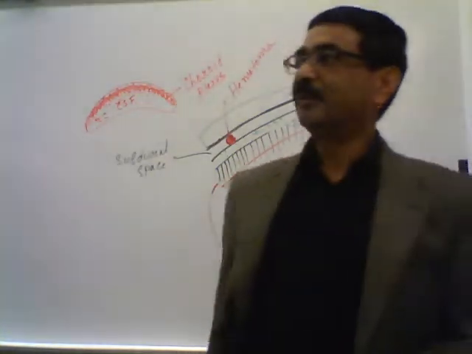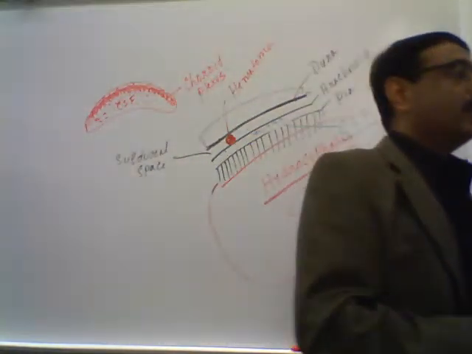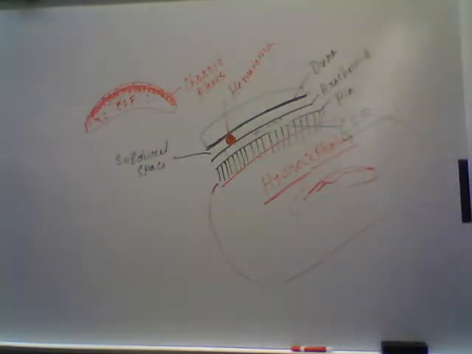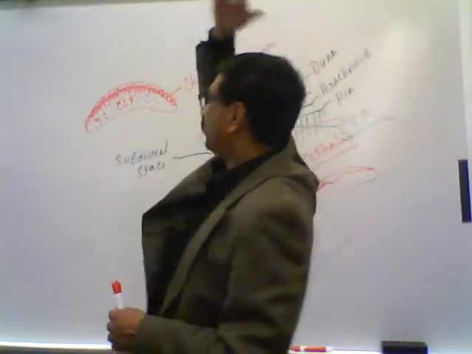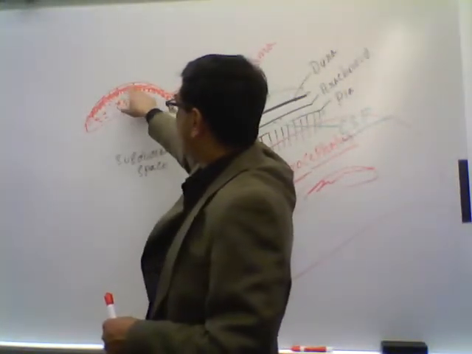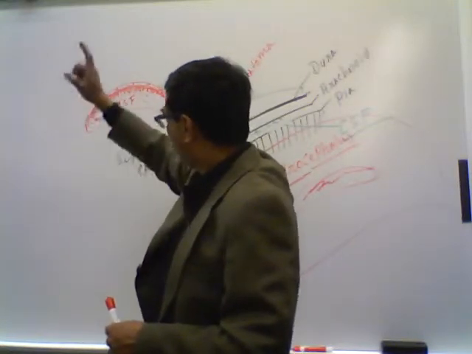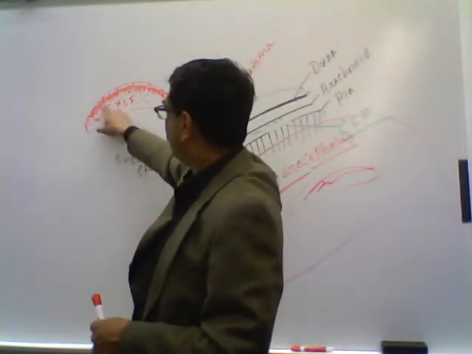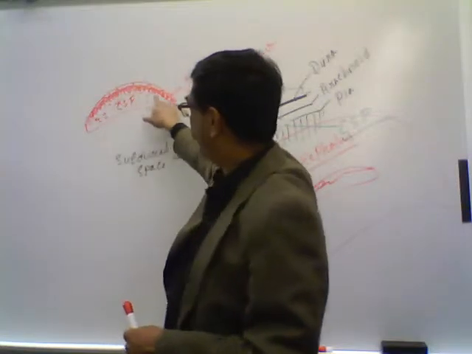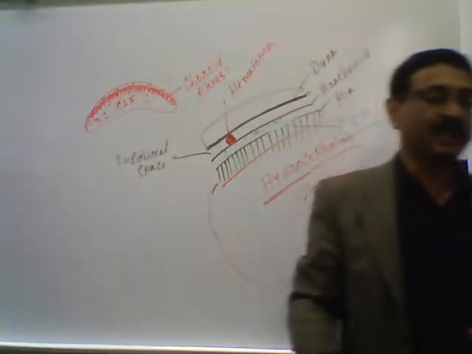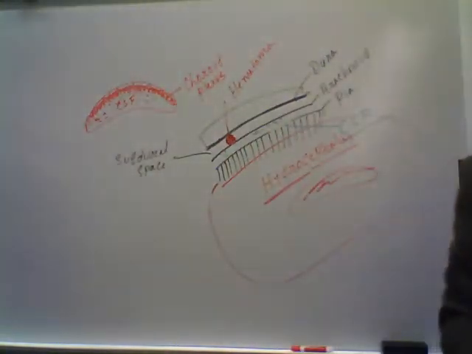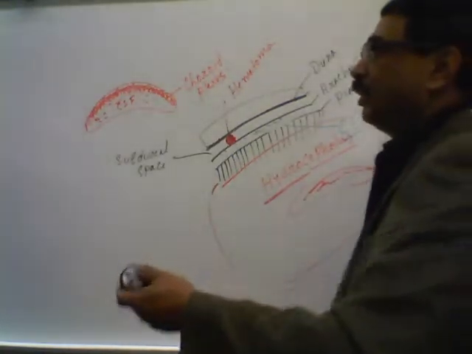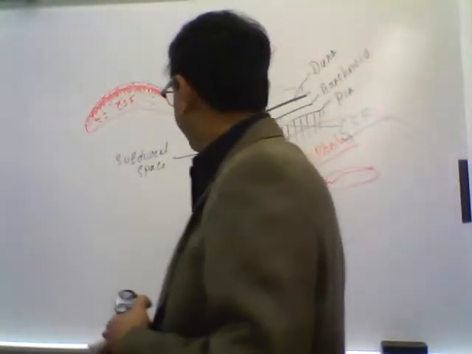Oh, you're talking about here, sorry. Yeah. Okay. So the choroid plexus is attached to the roof of the ventricles, and it is a special type of capillary plexus that secretes the cerebrospinal fluid inside the ventricles. And then from the ventricles, the fluid goes to the subarachnoid space.